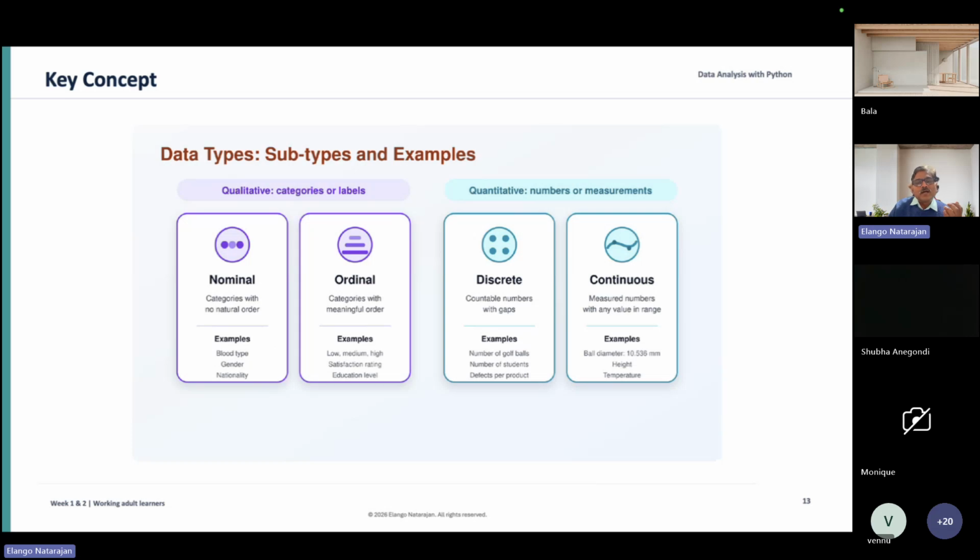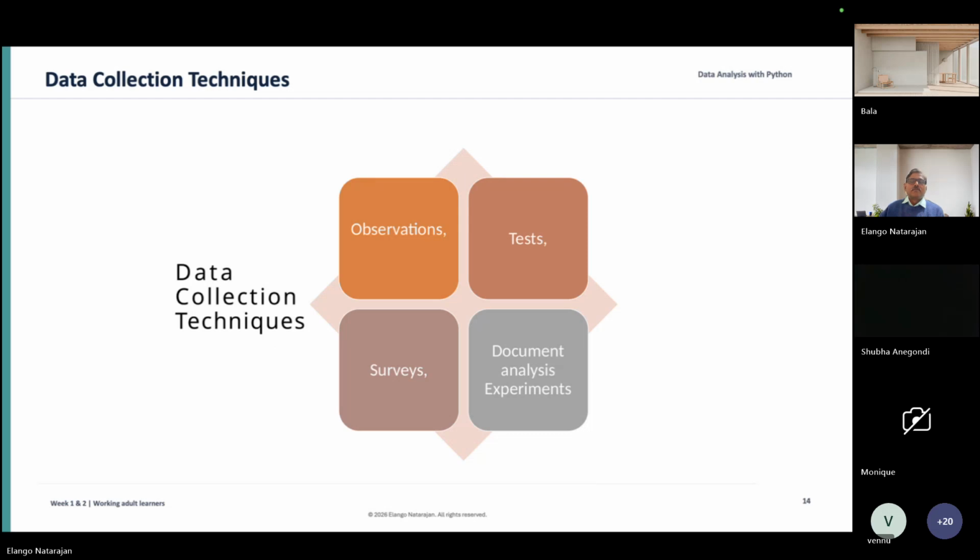But when I'm asking for a score, when you are giving your feedback, your satisfaction ranking, you will express it in the form of 0 to 10, or low, medium, high. So it will be in some order. This type of data is called ordinal data. So in qualitative: nominal, ordinal; in quantitative: discrete, continuous. Fine.